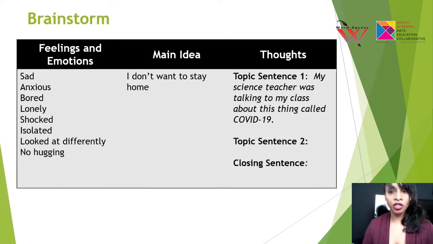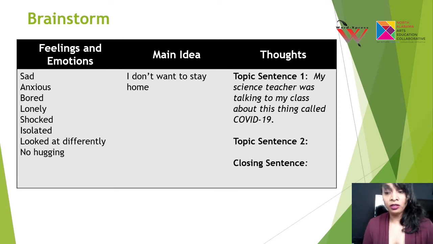So on your cheat sheet, in the thoughts column, the last column, topic sentence 1 is, my science teacher was talking to my class about this thing called COVID-19. So I want you to write your topic sentence in that column. And then once you do that, I want you to go ahead and write the next 3 to 5 sentences that will support this topic sentence, describing where you were, what you were doing, how did it make you feel.